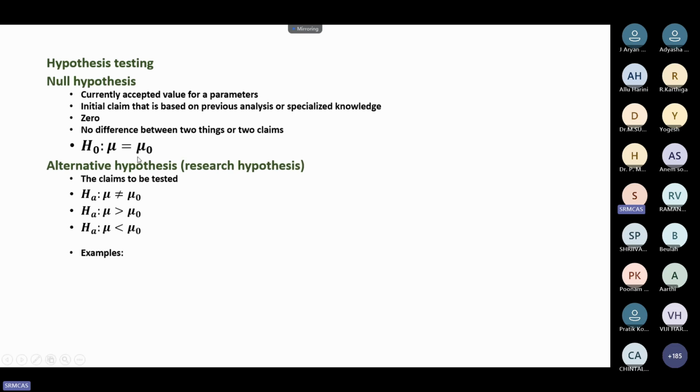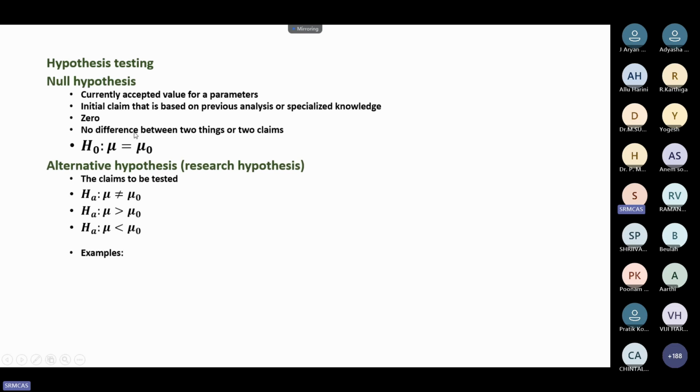If we say there is no difference between the value of the existing thing and the new thing, then it will be stated in equality terms. The null hypothesis is always stated in equality conditions: the existing and new are always equal. There is no improvement between the two.